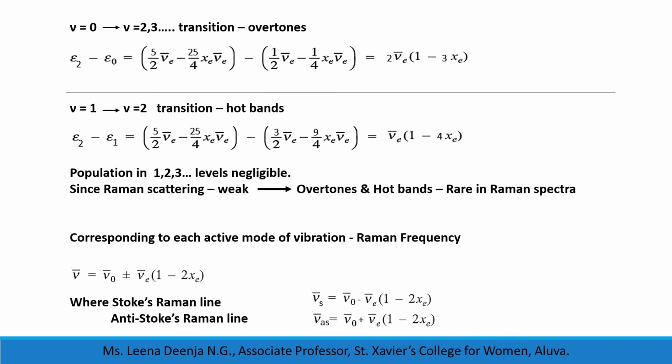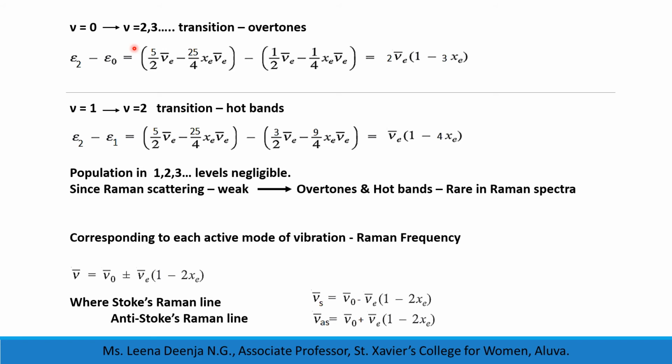V equal to 0 to V equal to 2, 3, 4, etc. transitions are known as overtones. V equal to 0 to V equal to 2 transition is known as the first overtone. V equal to 0 to V equal to 3 transition is known as the second overtone, and so on.